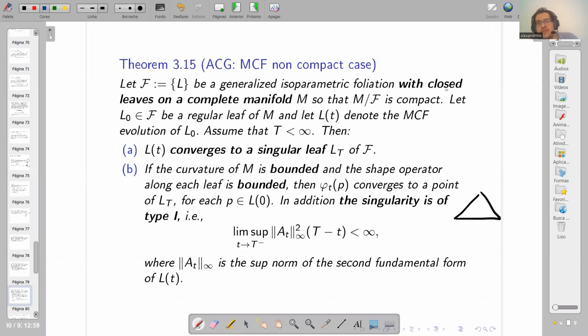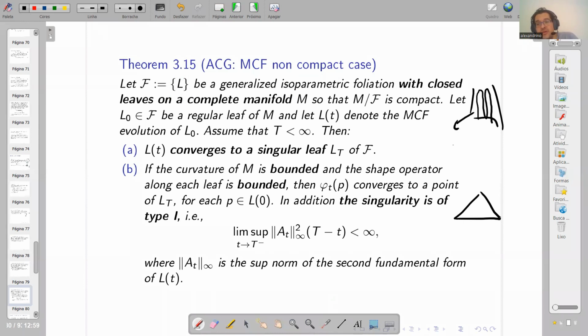I love this kind of, so this is the case when you have leaves with compact leaves. We also have more results when you start with non-closed leaves. When you have non-closed leaves, then you have a dynamical problem.